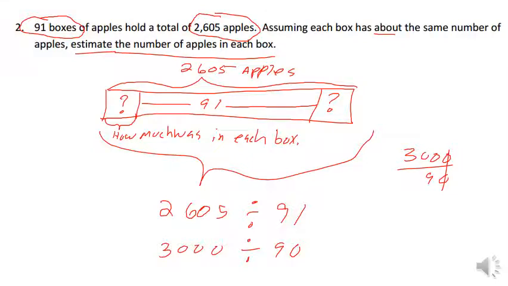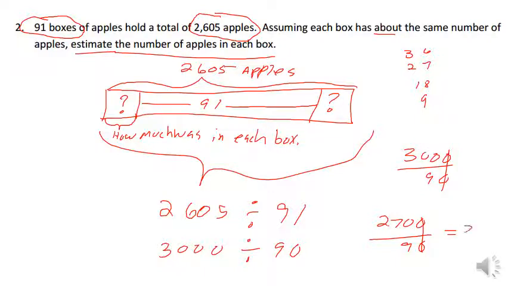If I was to count multiples, I'd go 9, 18, 27, and then 36. Now 27 is a lot closer to 30 than 36 is. So I'm going to make this estimate 2,700 over 90. Take out my zeros. Now I have 270 divided by 9.